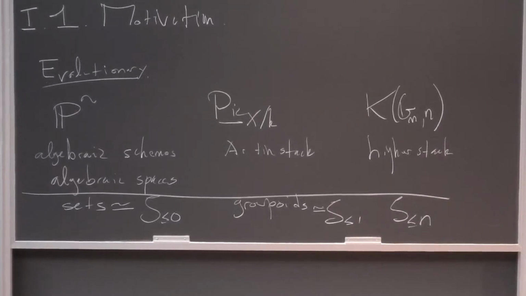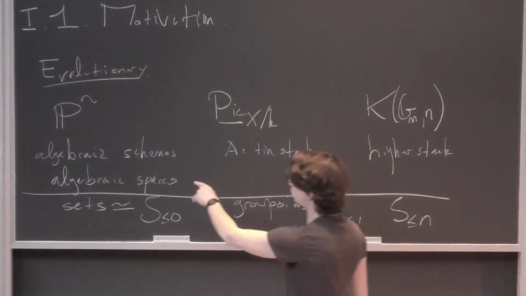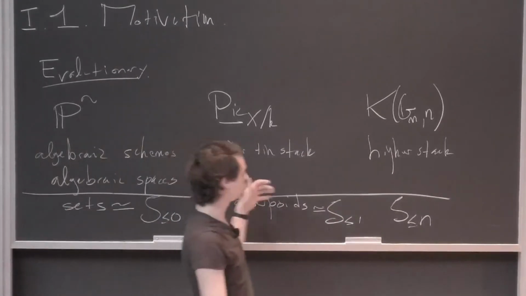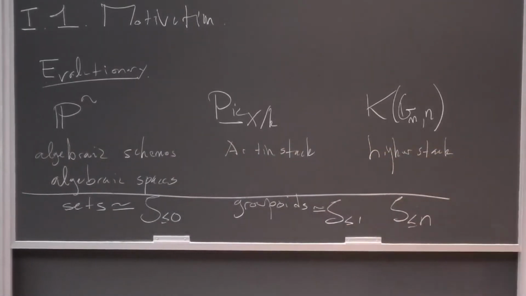It's a topological space, and at each point, if you choose a base point, there are no homotopy groups above degree n. And these are all geometric objects as well. So these are not just random sheaves of sets, groupoids, or n-truncated spaces. They're built out of affine schemes starting in with a few acceptable moves.